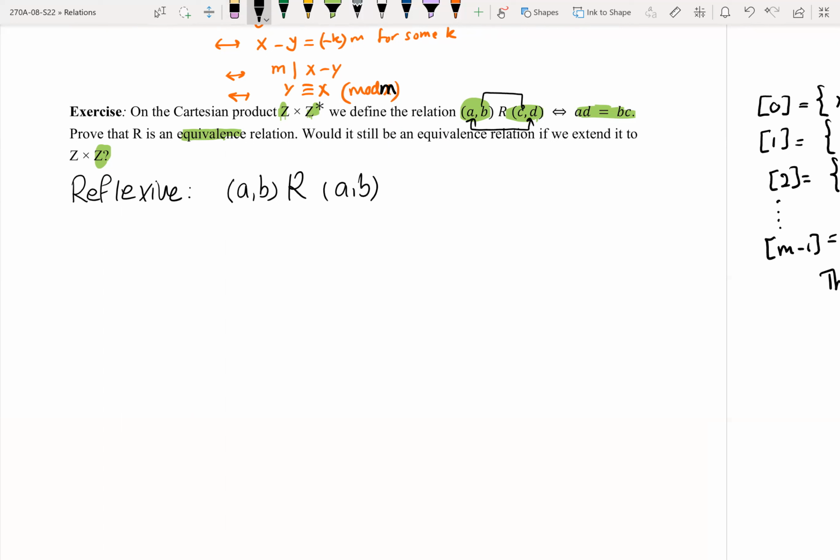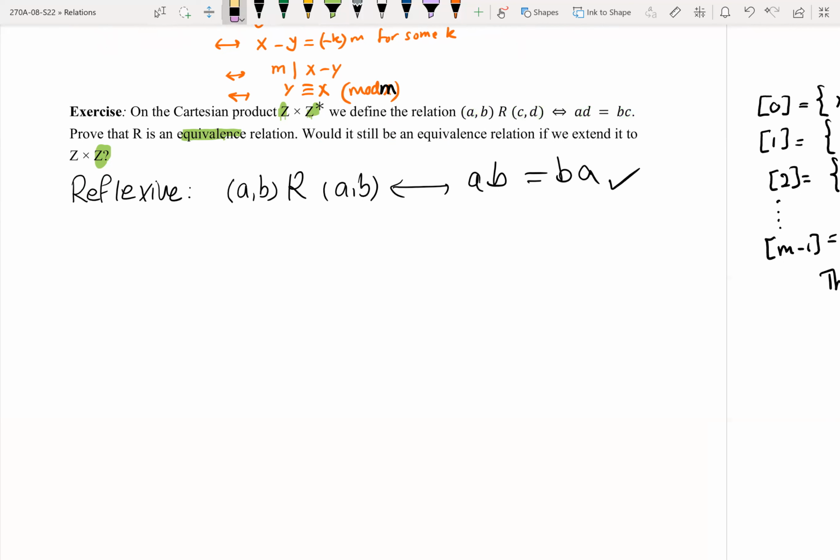Outer elements, inner elements. That's how the product is defined. So your relation is outer elements and inner elements, which makes sense. Do you agree with this one? I don't understand what you just wrote.